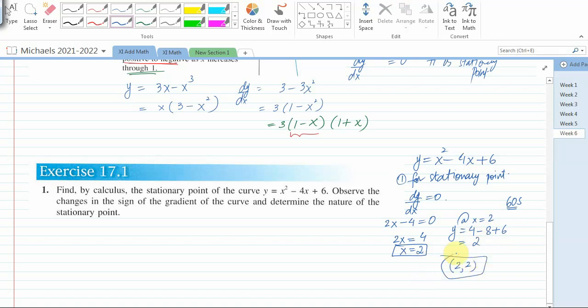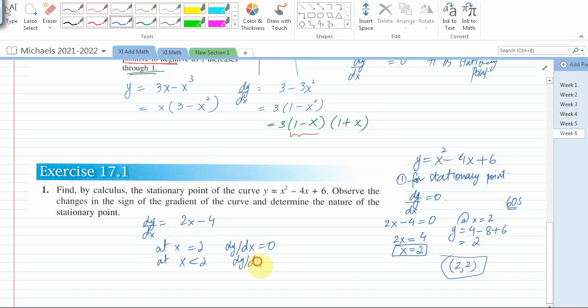Now after that it says observe the change in sign of the gradient. What does it mean? We have dy over dx equals 2x minus 4, right? At x equals 2, we know that dy over dx equals 0. At x less than 2, let's suppose instead of x we have 1, so 2 ones are 2, 2 minus 4 will be minus 2.